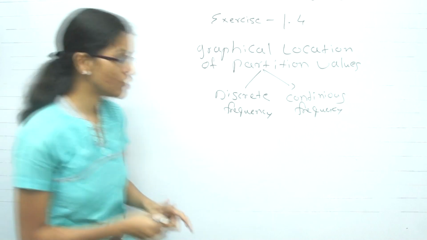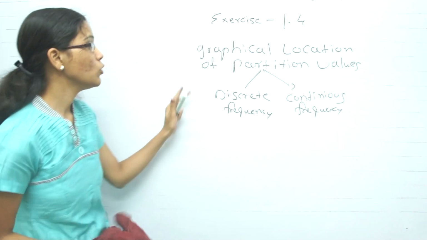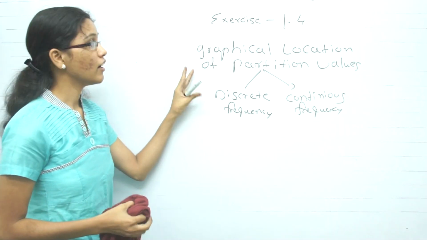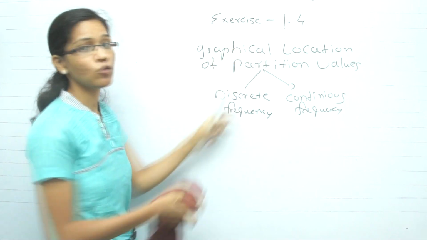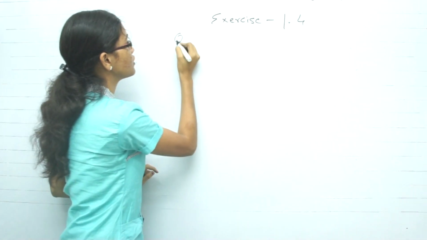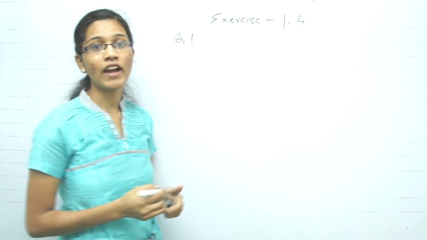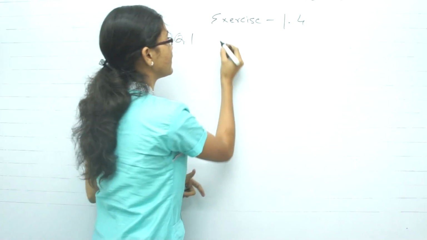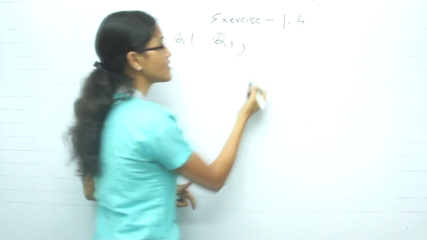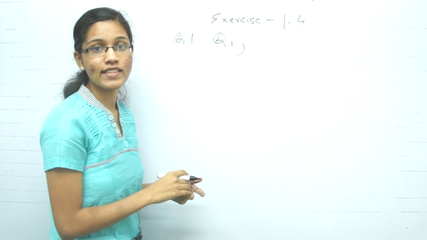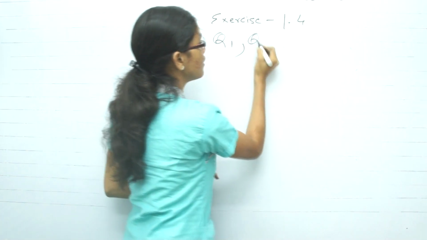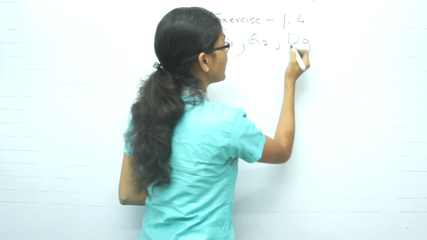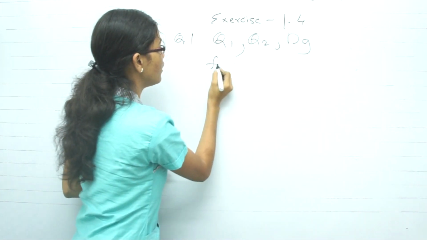If you know these basics, then it depends upon exercise 1.4. Question number 1 is: find the first quartile, second quartile and ninth decile for the following data.